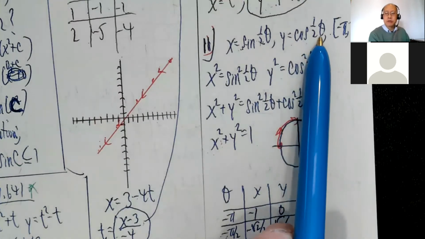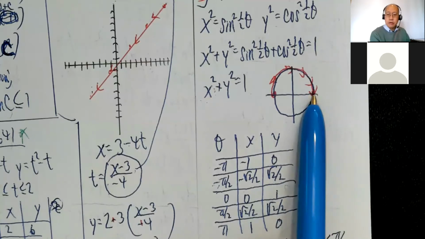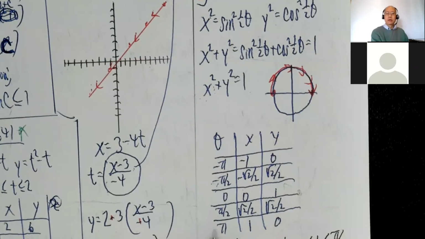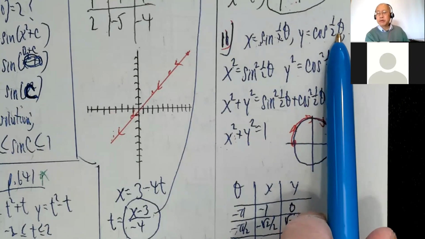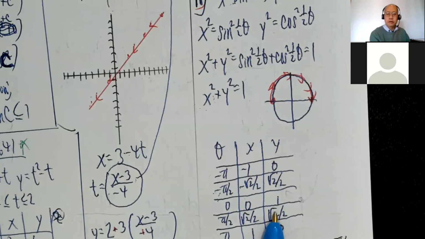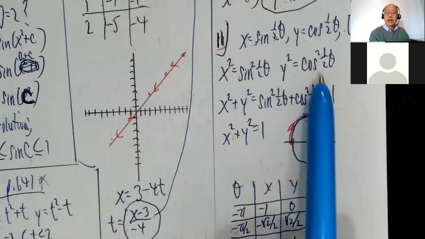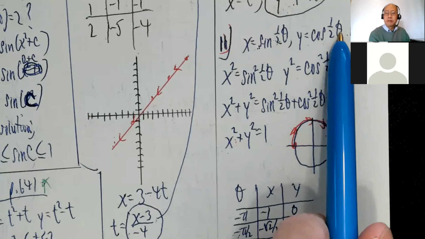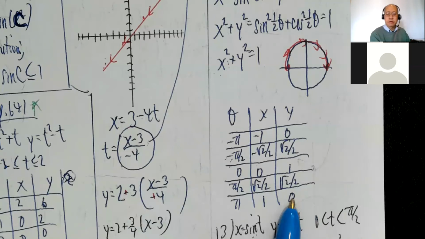Plug in 0, half of 0 is 0. Cosine of 0 is 1. Right here on my unit circle, the x coordinate is 1. Plug in pi over 2. Half of pi over 2 is pi over 4. Cosine of pi over 4, radical 2 over 2. And plug in pi, I'm taking the cosine of pi over 2, cosine of 90 degrees, x coordinate up here, back to 0.